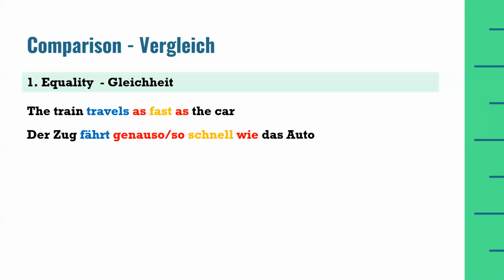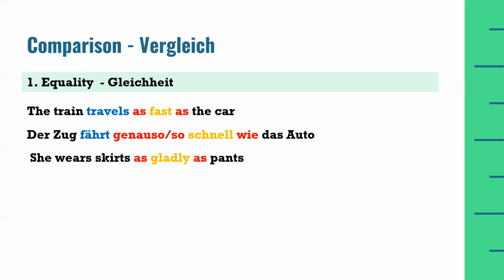"Der Zug" comes at the first place. It is the subject of the sentence. Then comes the verb and it will be conjugated according to the subject. "Fahren" will become "fährt". Then comes the phrase "as fast as", for which the German equivalent is either "genauso schnell wie" or "so schnell wie". And then comes the second object. The second object in this sentence is "das Auto".